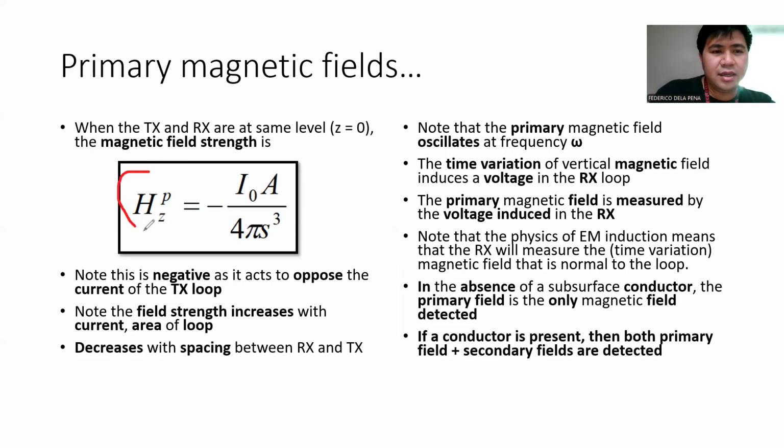Now, this HPZ is the strength of your magnetic field from the transmitter. So this is your primary magnetic field. The stronger the current, the stronger the magnetic field, and the bigger the area of the loop, the bigger the magnetic field.